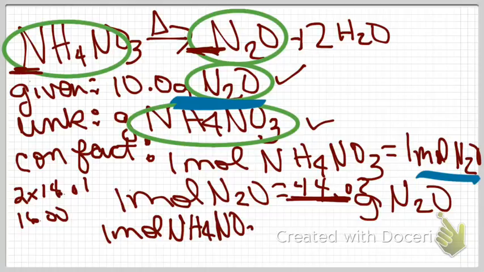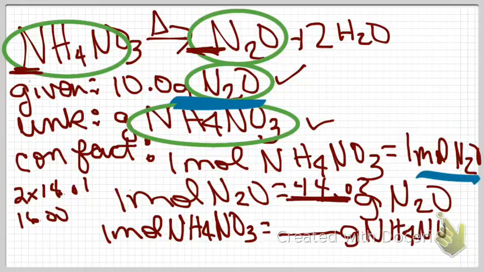We have so many grams of ammonium nitrate. And we're going to do the same thing. We have 2 nitrogens, so that's 14.01 times 2, which is 28.02. And we have 4 hydrogens, so that's 4.04. And we have 3 oxygens.